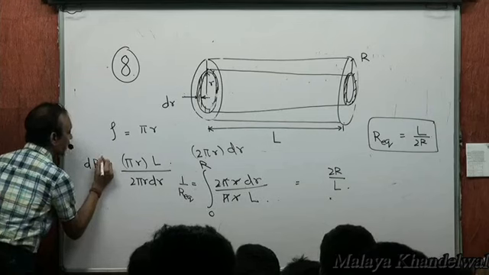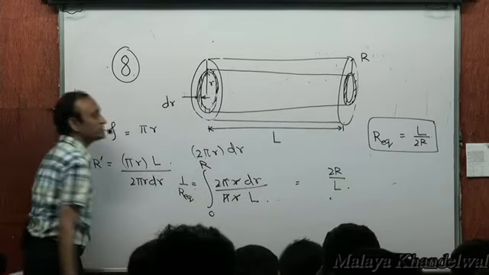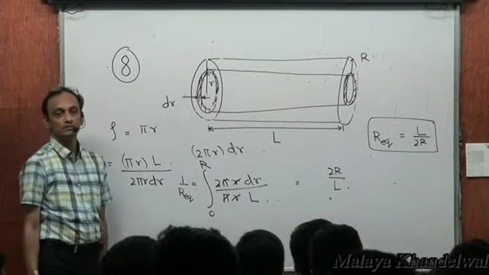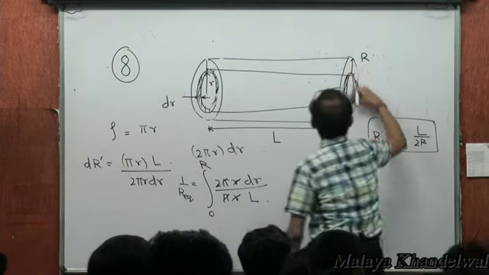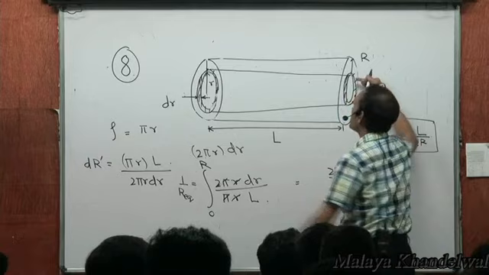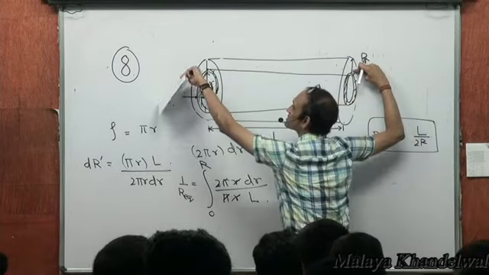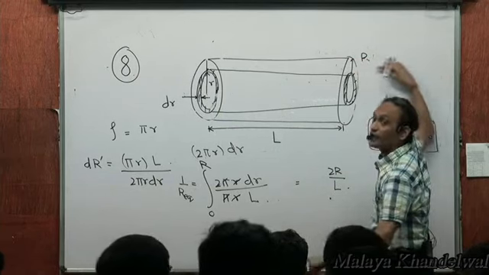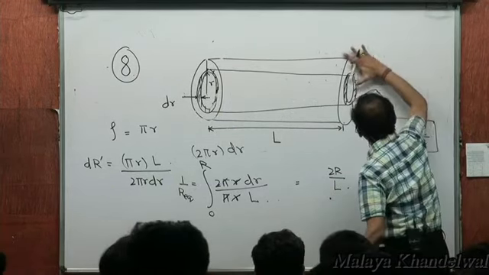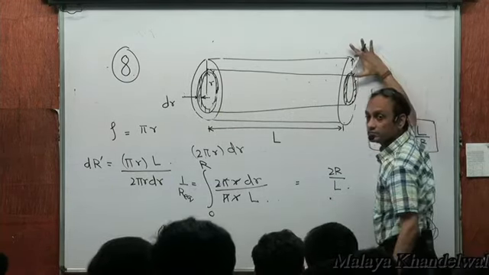So let me call it dR prime. Yes, please. See, if I take any two such coaxial cylinders, they are connected across the same ends. This whole portion is connected to one terminal of the battery. This face is connected to another terminal of the battery. So all points on this would be at the same potential.